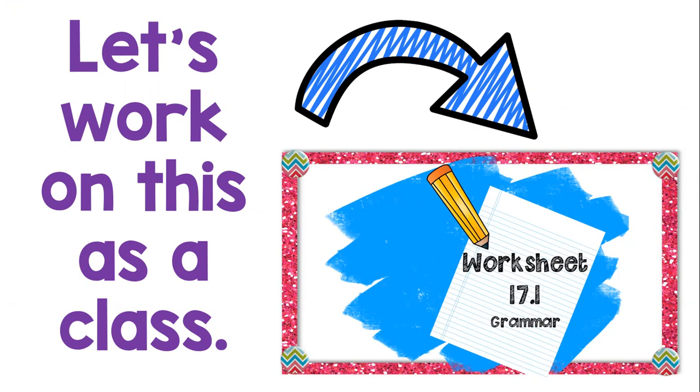Rushed. You're making that t sound, so you're going to bubble in the t sound. Filled. You're making that d sound, so you're going to fill in the middle one, the d sound.